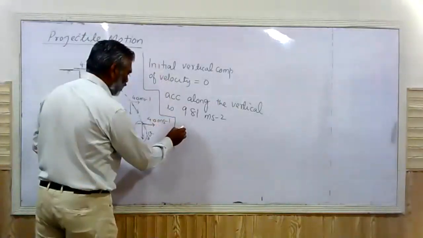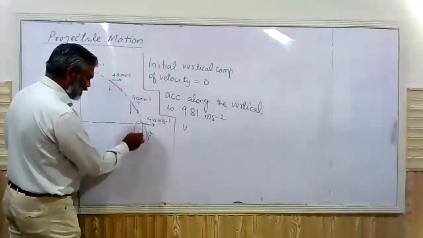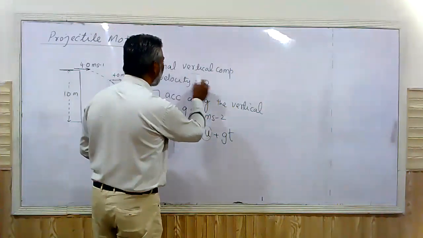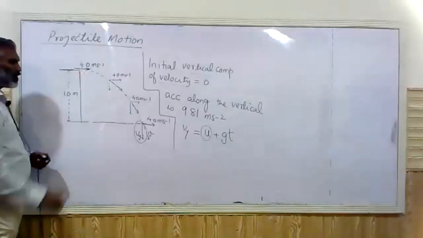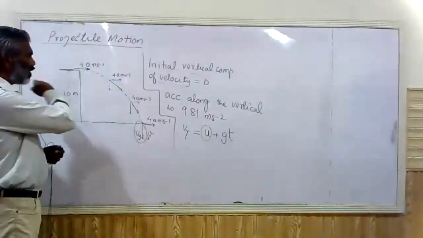If I want to know what is the vertical component of velocity, this is Vy, so let's say the final velocity along the vertical, and I apply the first equation of motion, u plus gt. This u is 0 because along the vertical direction there is no initial velocity. This 4 meter per second is not the velocity along the vertical, it is along the horizontal.